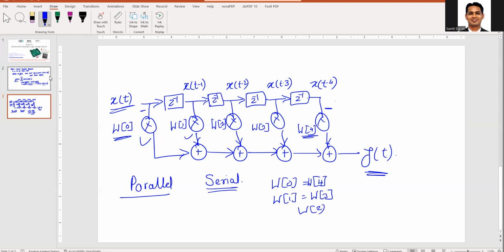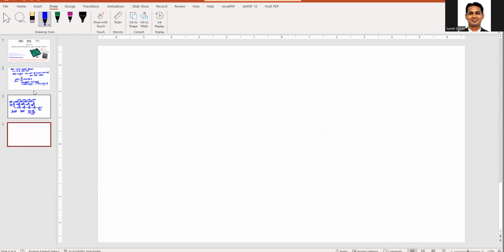Okay. So if you want to look at the architecture, suppose I have the symmetric filter coefficients. In that case, I'll have the z to the power minus 1, then z to the power minus 1, z to the power minus 1. I need only fewer MAC operations.